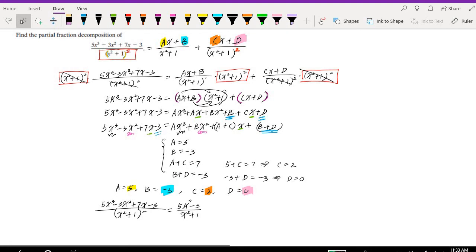And then the outside, then we're going to plus c, which is 2x, and then d is 0, plus 0 right there, over x squared plus 1 the whole thing squared. So we can just delete this 0. We don't really need it. So that is your final answer.